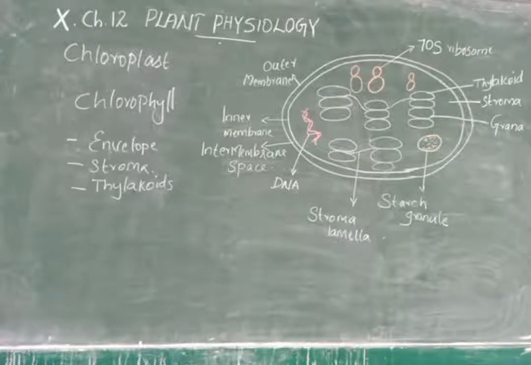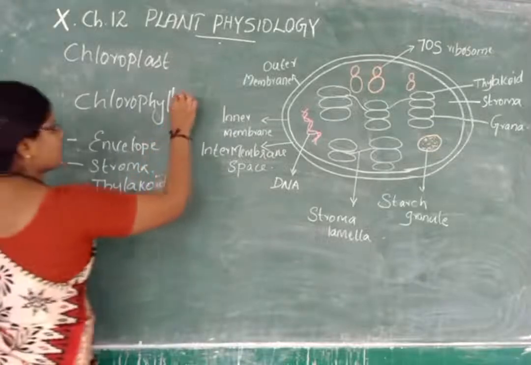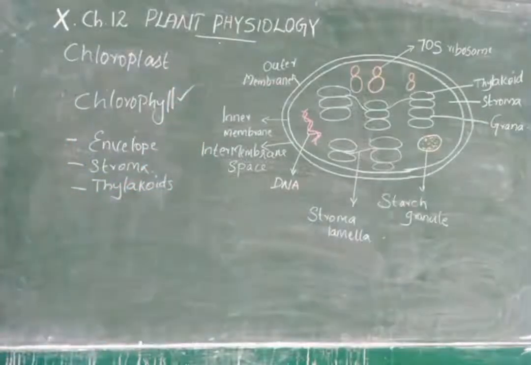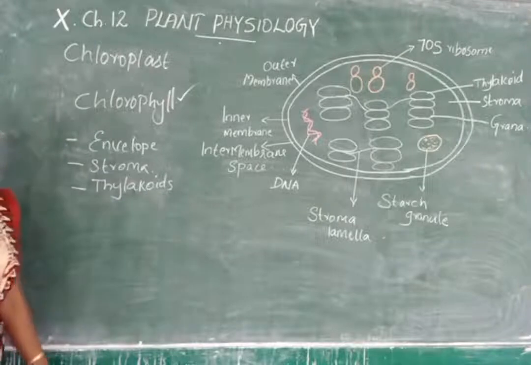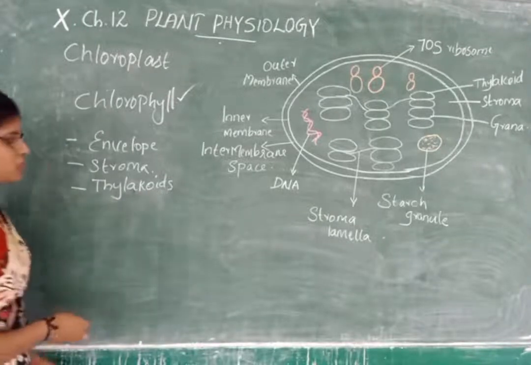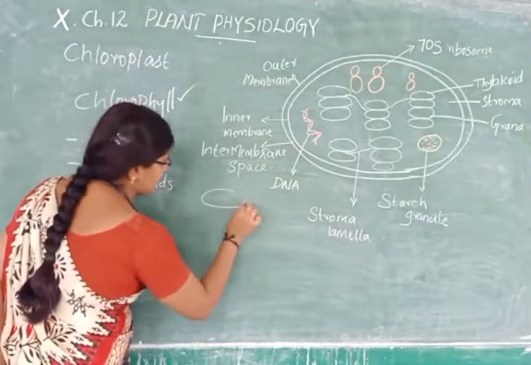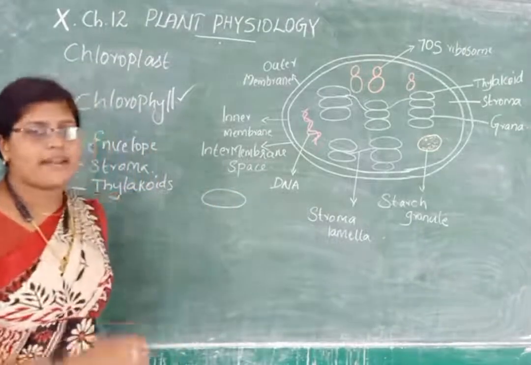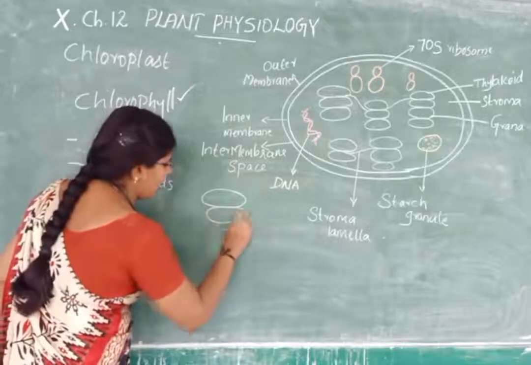The photosynthetic pigment, chlorophyll, is present in the thylakoids. Thylakoids are arranged in disc-like structures, one above the other.